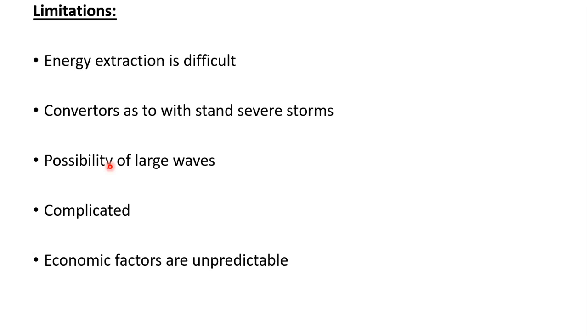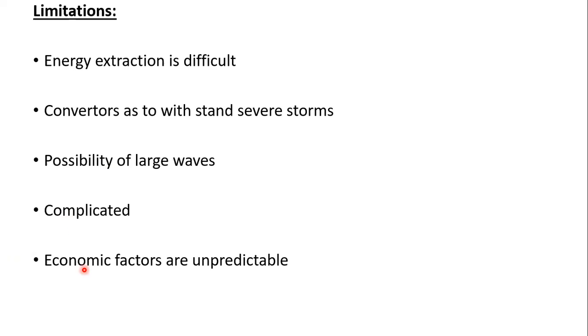And the fourth one is complexity. Yes, it is complicated because it is constructed in the oceans, so the wave energy conversion devices that have to be proposed also will be complicated. And the last one is the economic factors. It is unpredictable. We don't know how much energy we will get, so we cannot predict.